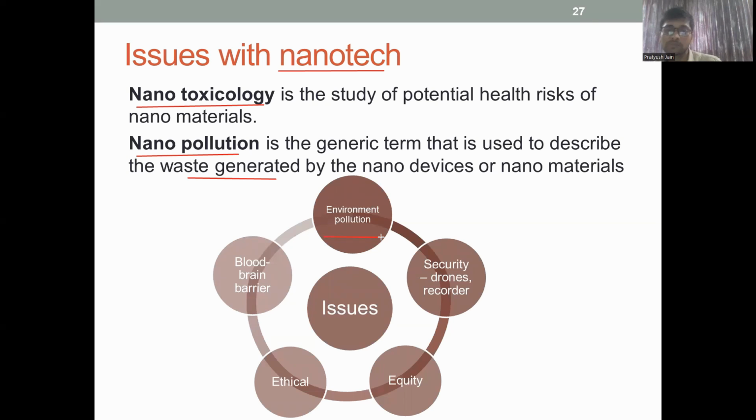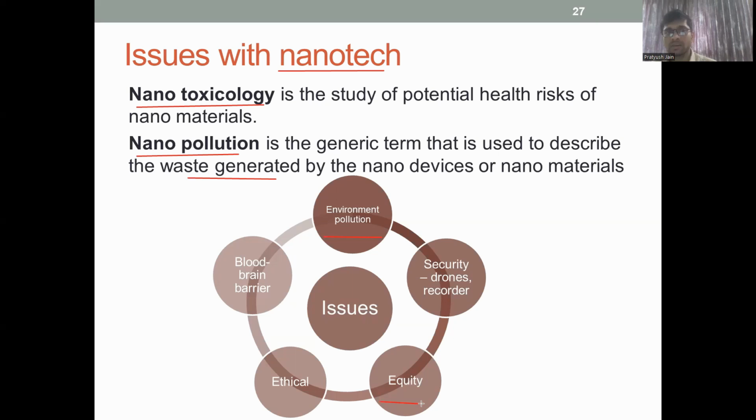So theoretically, nano devices can be made, drones can be made, some other kind of device can be made on nano scale, which can be used to deliver, say, poison to some particular person, for assassination, or to record sensitive information, some national security information. So there is a real security issue with nanotechnology.